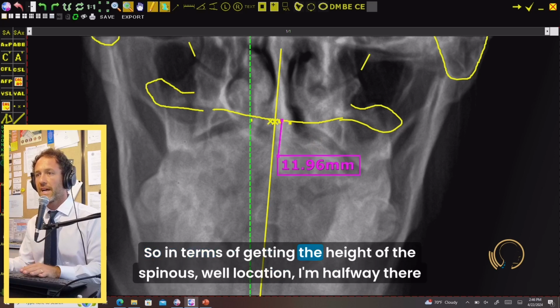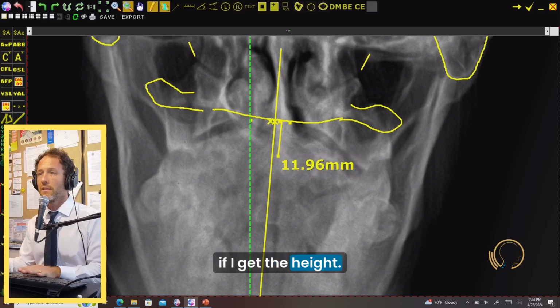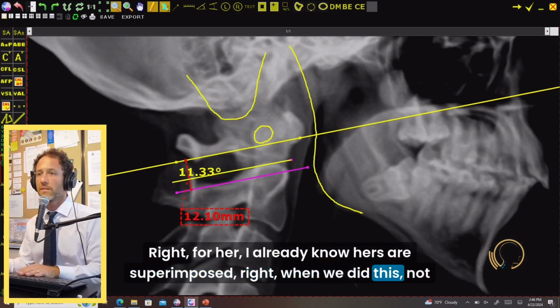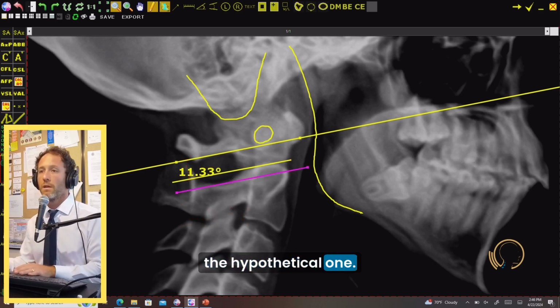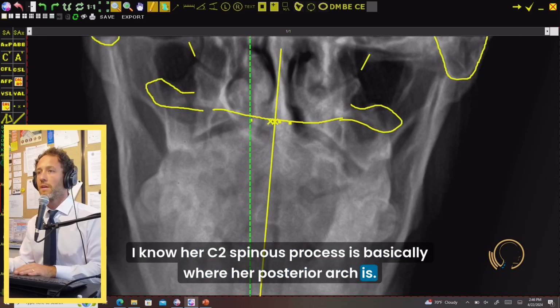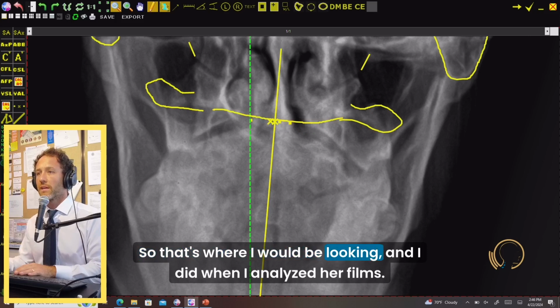In terms of getting the height of the spinous location, I'm halfway there if I get the height. For her, I already know hers are superimposed, not the hypothetical one. I know her C2 spinous process is basically where her posterior arch is, so that's where I would be looking, and I did when I analyzed her films.